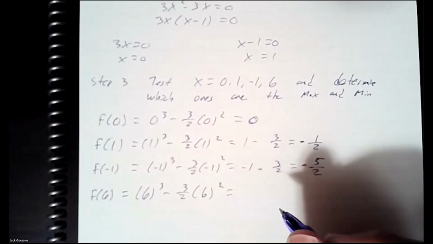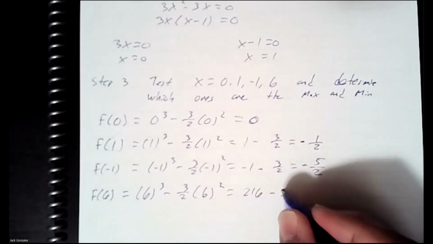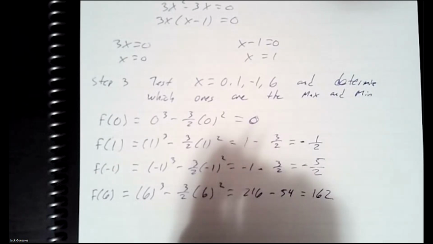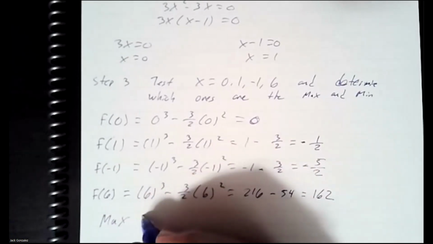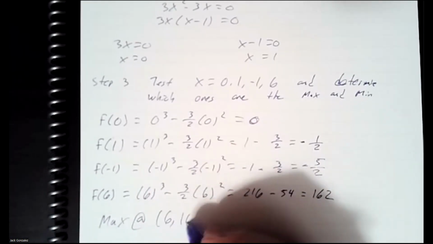All right. 6 times 6 times 6 minus 3/2 times 6 squared, something like 216 minus 54, which is 162. Okay, so the maximum would be that one, right? I sure hope so. 6 comma 162.